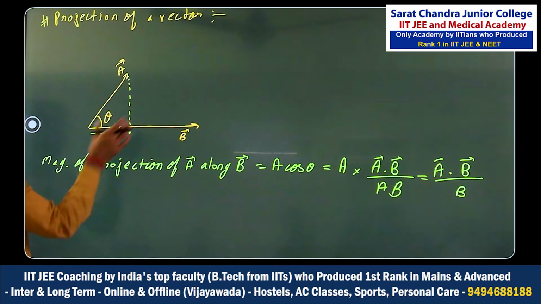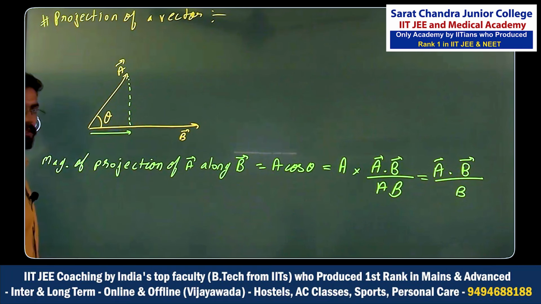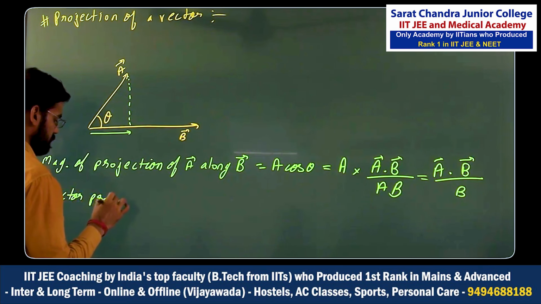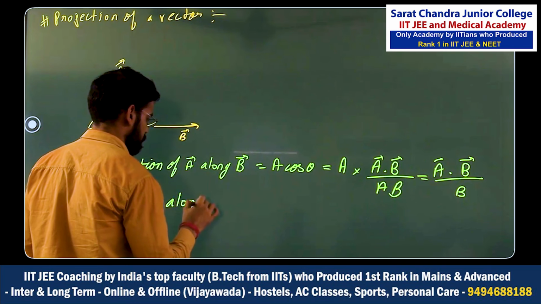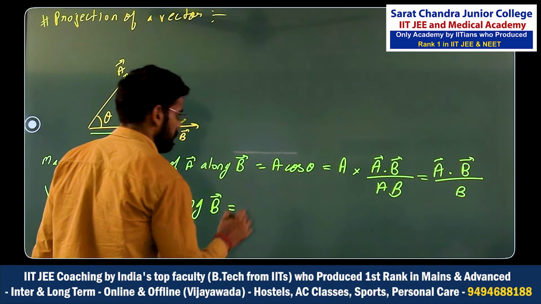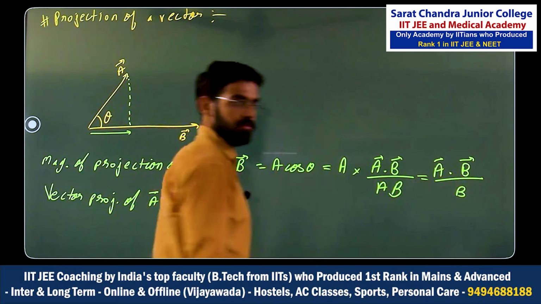Next, if you want to write this projection in vector form, then we say vector projection of A vector along B vector. So this is the magnitude, right?